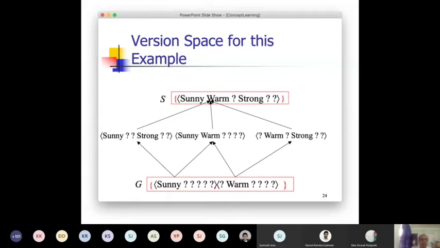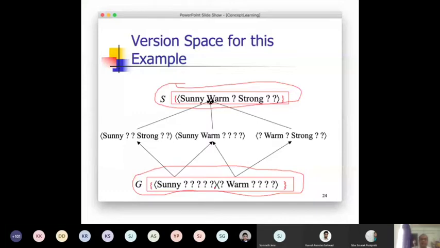See, this is the most general set of hypotheses. So we call it G, and this is the most specific set of hypotheses. That means all the hypotheses in this set, they should cover, maximally they should cover all positive examples of the training data set.